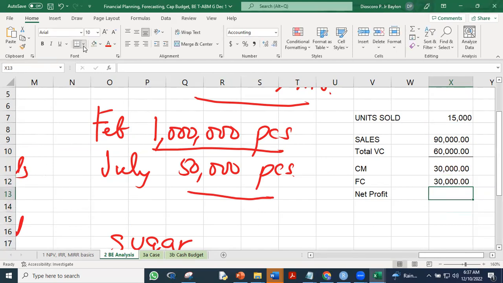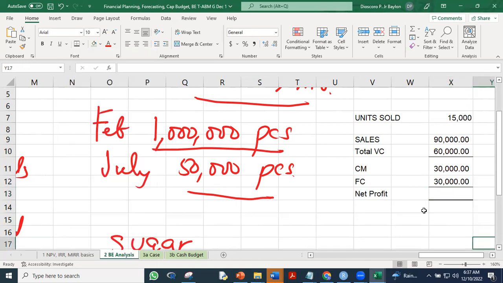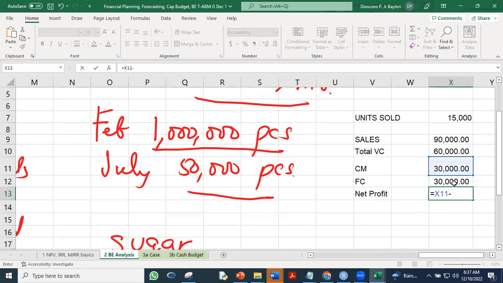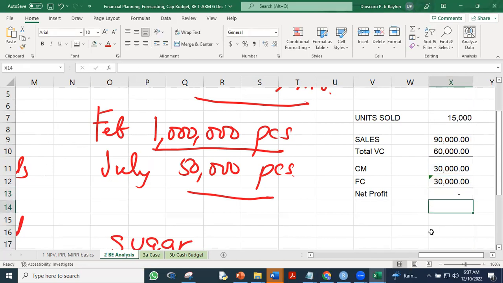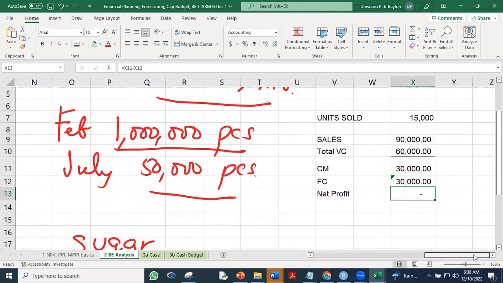Therefore, if we subtract from the contribution margin your fixed cost, we get a net profit equal to 0. So that's how we compute the break even. We say that the company needs to sell 15,000 units in order to break even.